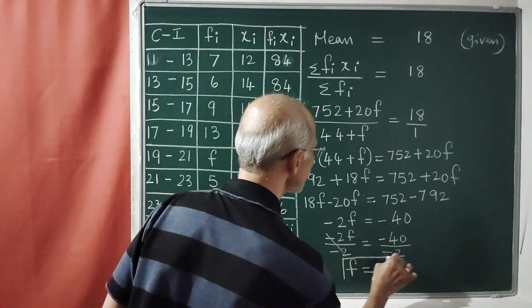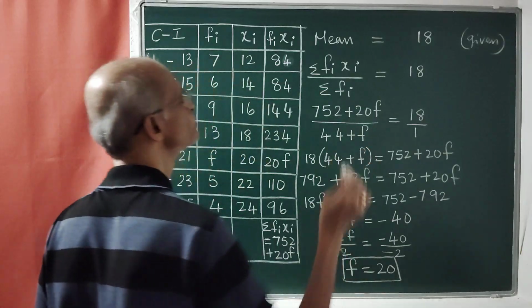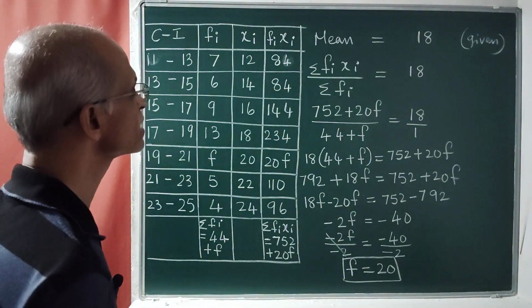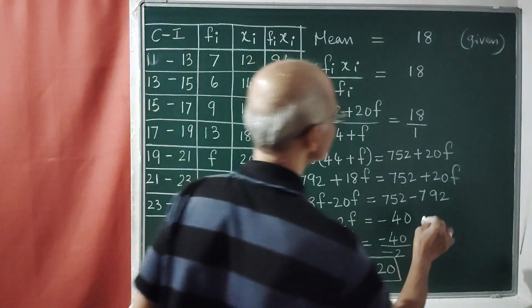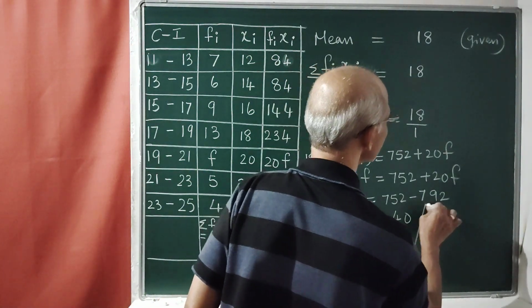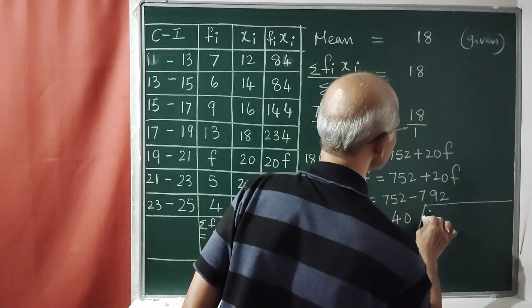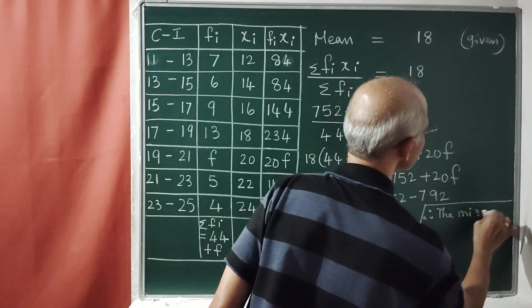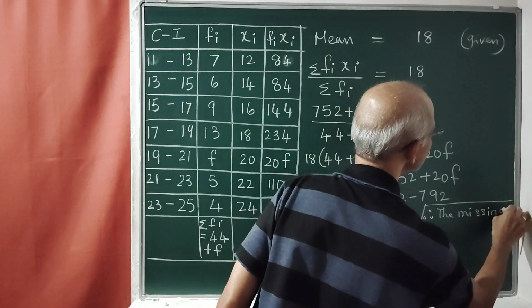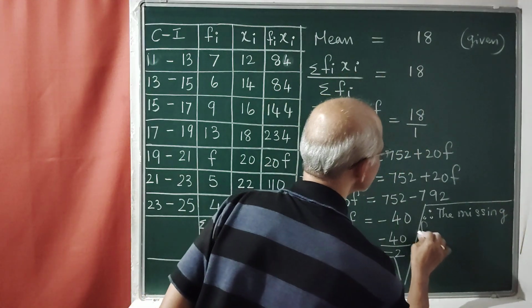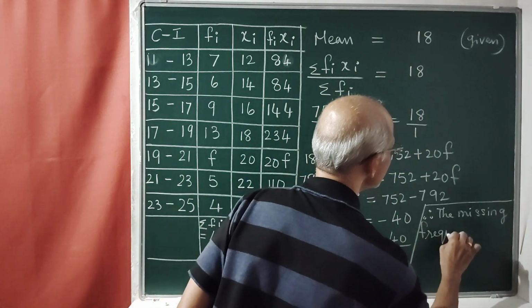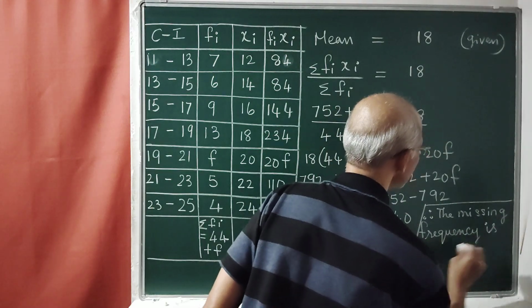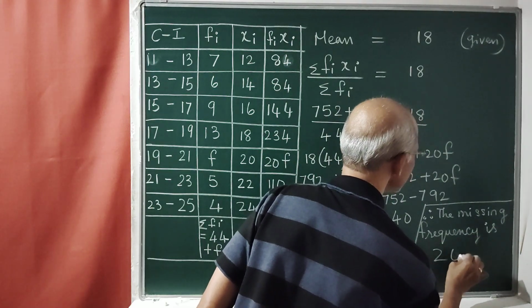This is the value of f. So the missing frequency is 20.